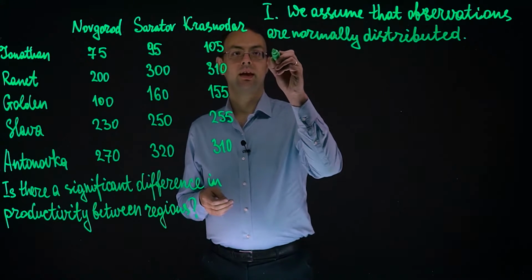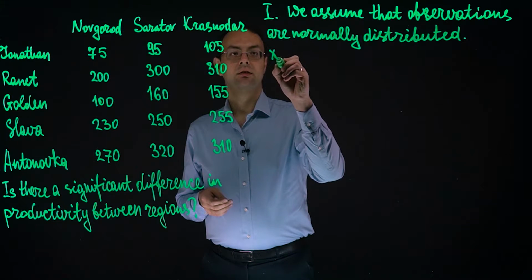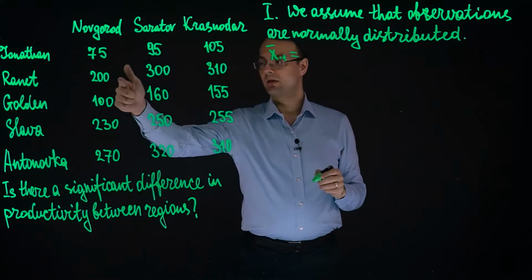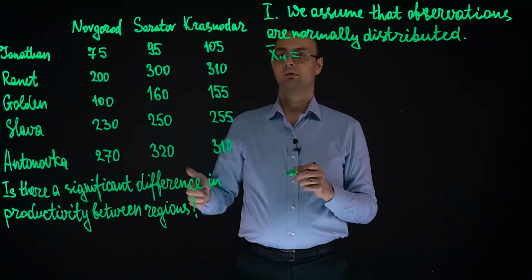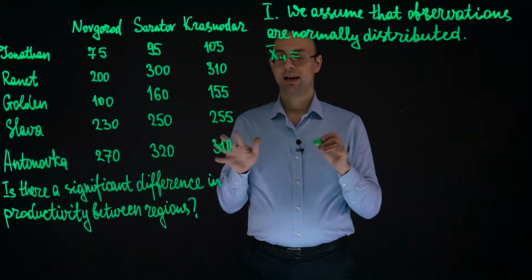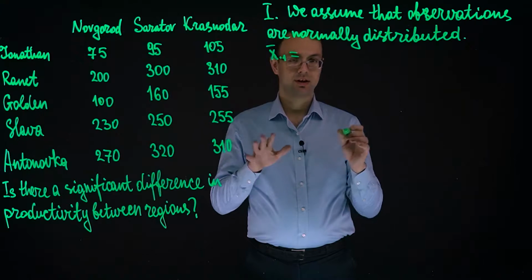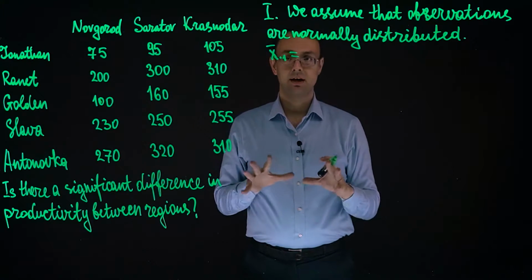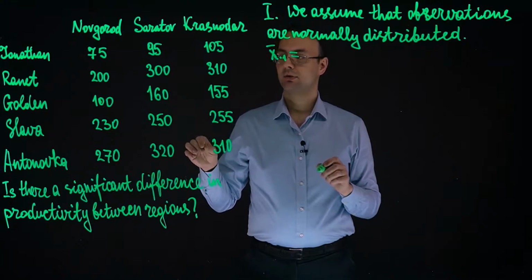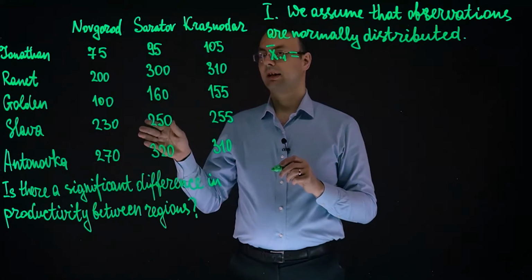So x dot 1 var is the mean for the first column. I have already calculated all these values, and as I have limited space here, I won't write the formulas. I'll just give you the final values.